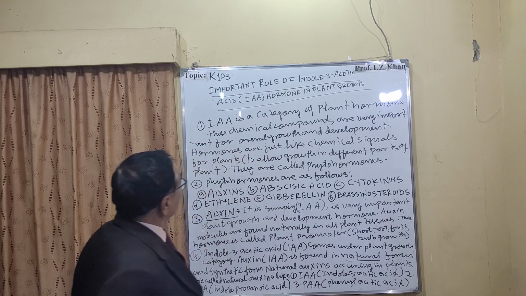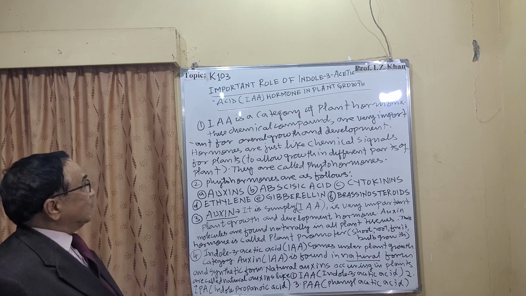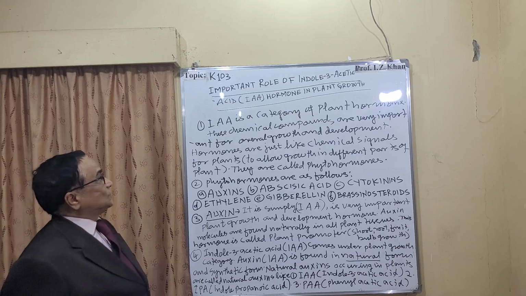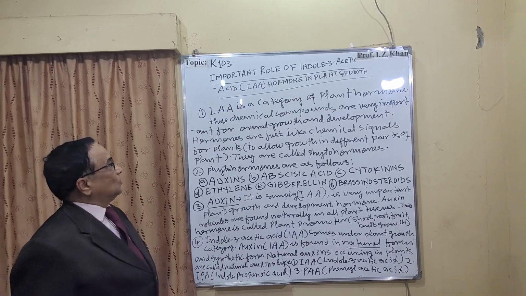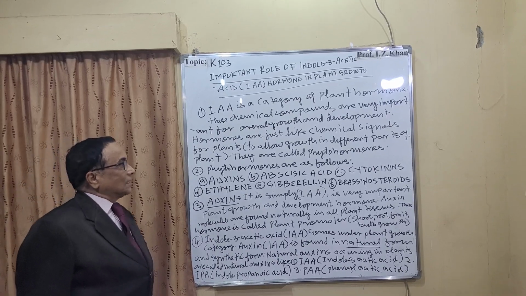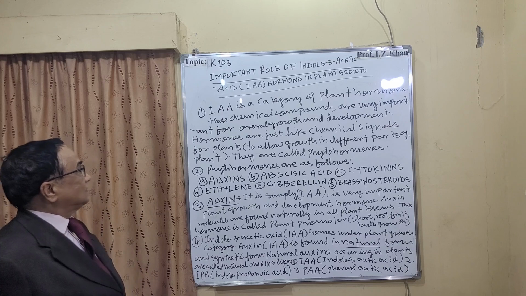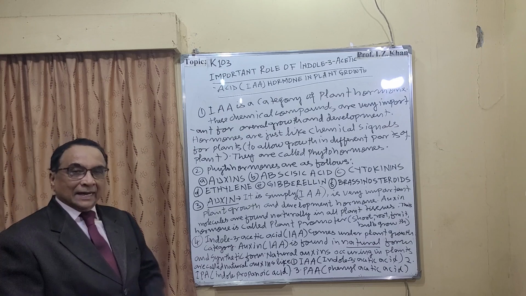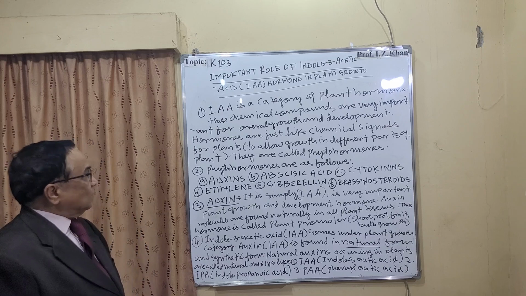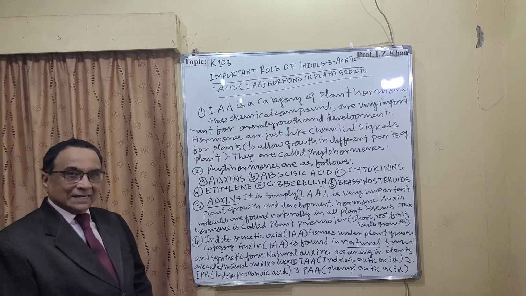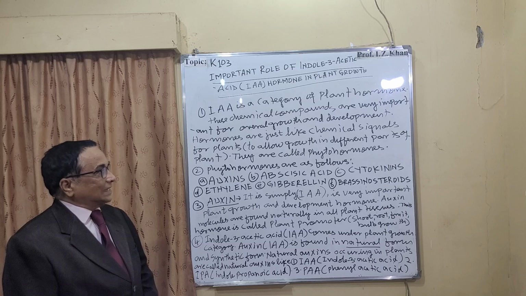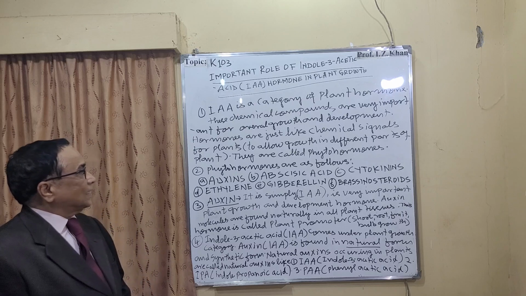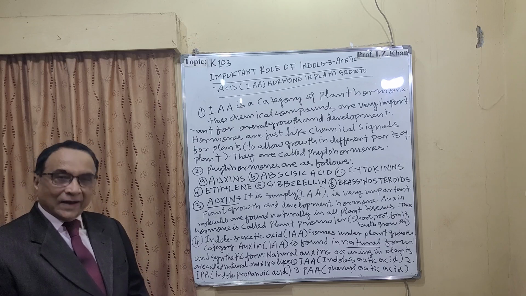So here number 1, IAA, is a category of plant hormone, and these chemical compounds are very important for overall growth and development. Hormones are just like chemical signals for plants to allow growth in different parts of the plant. They are also called phytohormones.